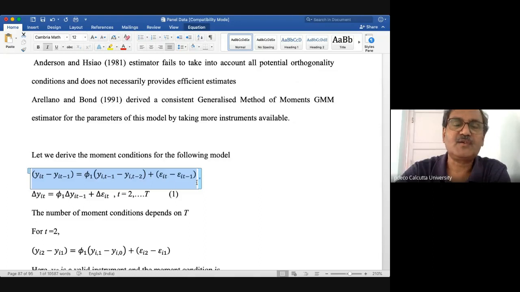So this is the model you want to estimate. And you have estimated this model following Anderson and Hsiao just by taking yi t minus 2 as an instrument, only one instrument. Now we are extending the methodology by considering all possible instruments. How to get all possible instruments?